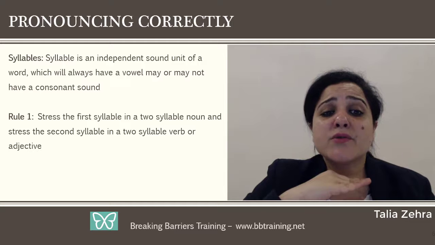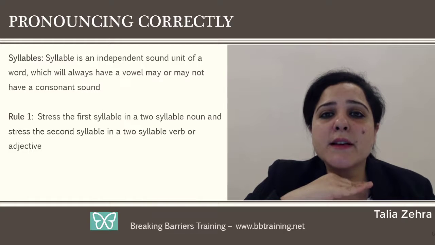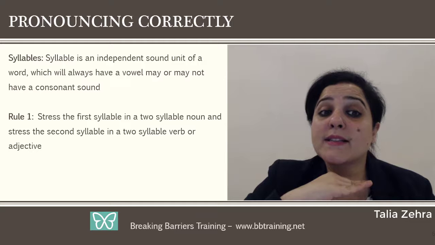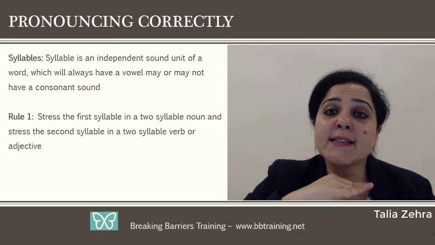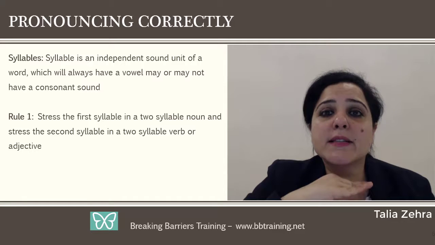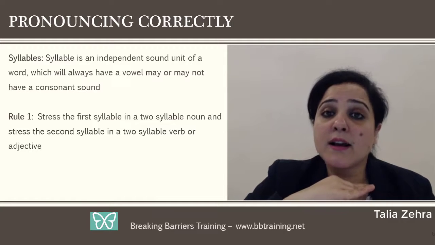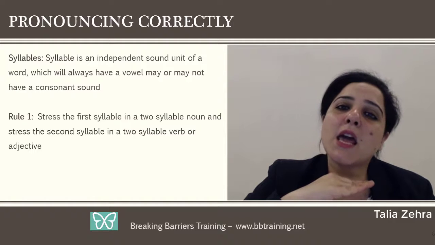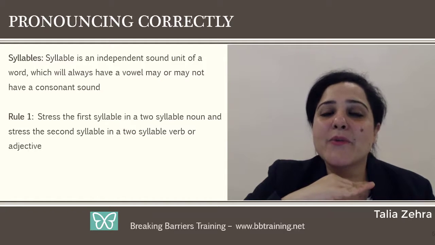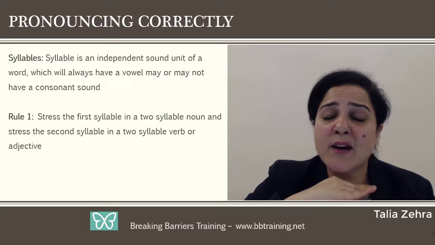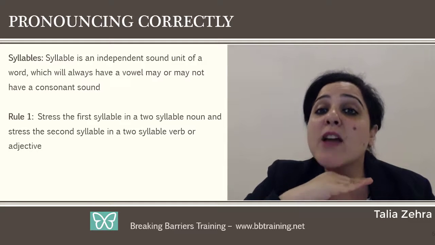Now it says stress the first syllable in a two-syllable noun. That means the first syllable here would be A. What is a syllable? An independent sound unit of a word which has a vowel sound. That means if it's a noun, I have to stretch the first syllable. That means in table, I have to stress the A. That will give me the right pronunciation of a noun called table.